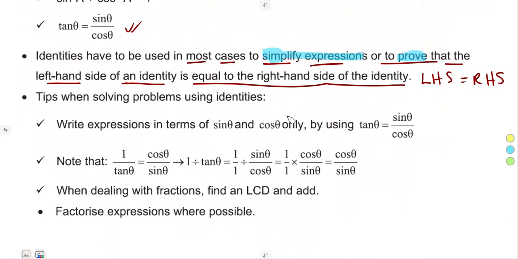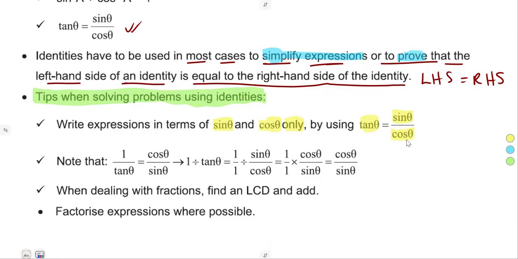In our case, we are working with the Pythagorean identity and the identity of tan. The tips that we are going to consider. One, we must write expressions in terms of sine theta and cos theta only. Meaning to say, wherever there's a tan, change that tan to a sine over a cos.